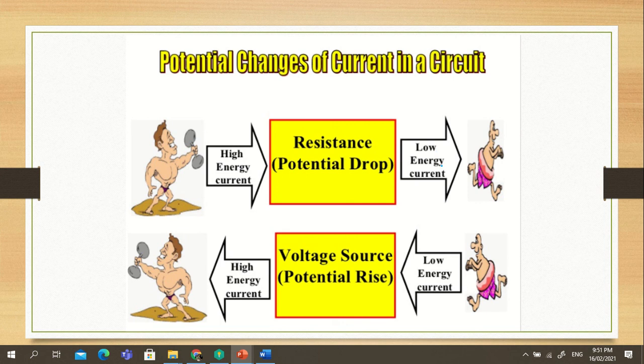The low energy current goes back to the source, then becomes energized again as a high energy current. It will just flow until all the source energy is dissipated through the resistance.